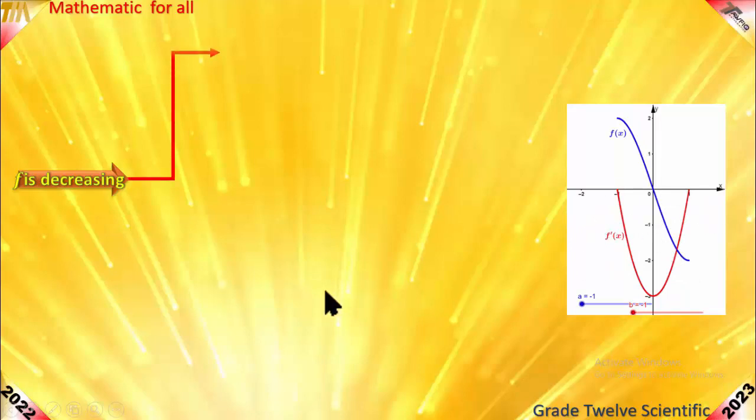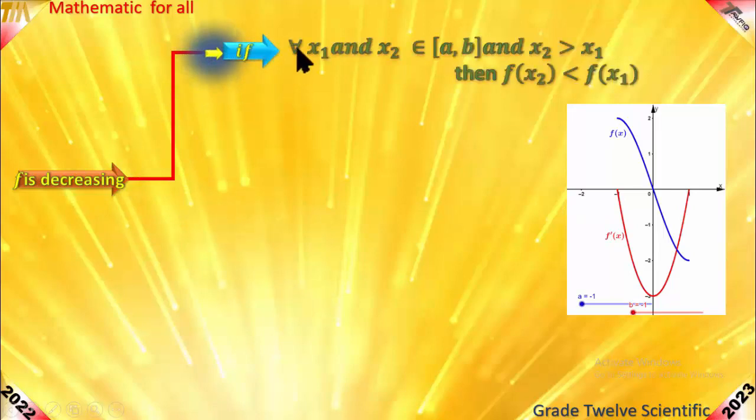Or if for all x1 and x2 belonging to the interval AB and x2 is bigger than x1, then f of x2 is less than f of x1. That means when x becomes bigger and bigger, y becomes smaller and smaller.